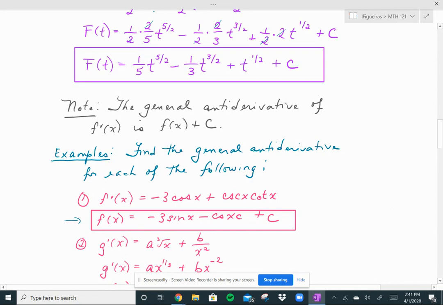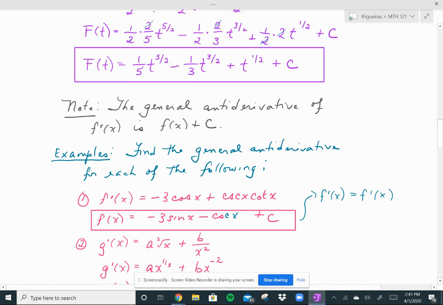The antiderivative of cosecant cotangent is minus cosecant of x, and then plus c. Similar to what I explained before, if you take the derivative of your answer, it should equal what you started with, which makes sense.